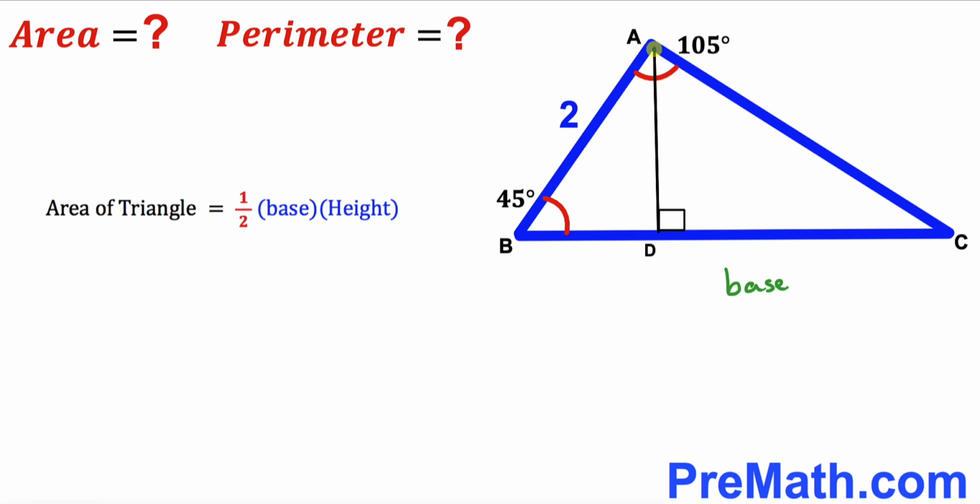And moreover, I have dropped this perpendicular AD on this base BC. And now we can see this perpendicular is the height of this triangle. So therefore now our task is to calculate the value of this base and the value of this height as well before we could calculate the area of this given triangle.